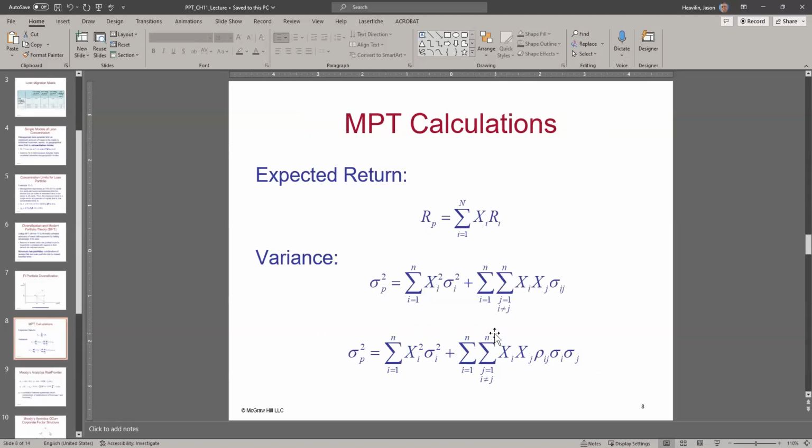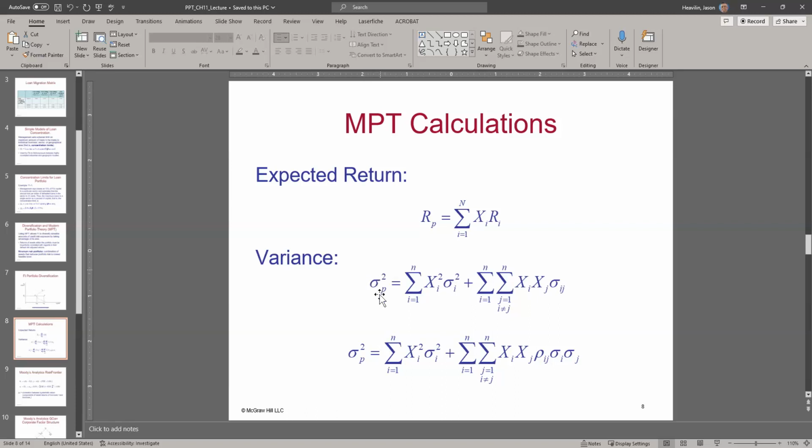These are your formulas for calculating expected returns and variance of a portfolio. Now, the expected return is a weighted average. The variance, which we'll use to get the standard deviation, there's many ways to calculate it. That's just one of them. I just want to point out a key element here.